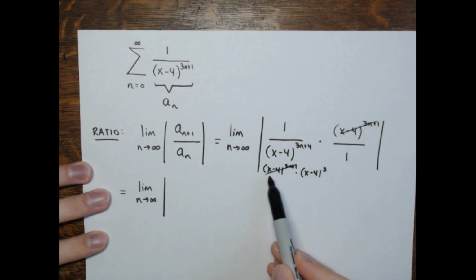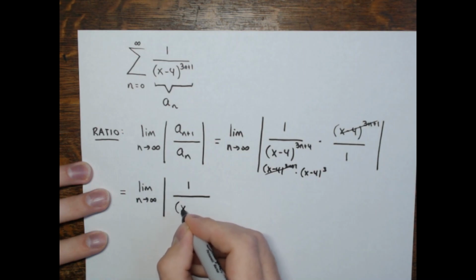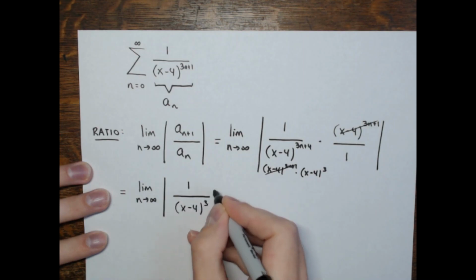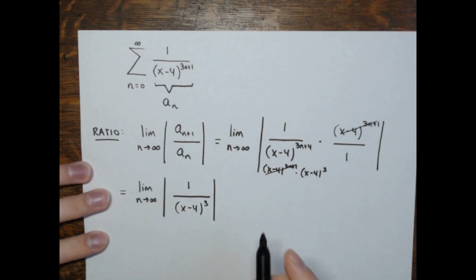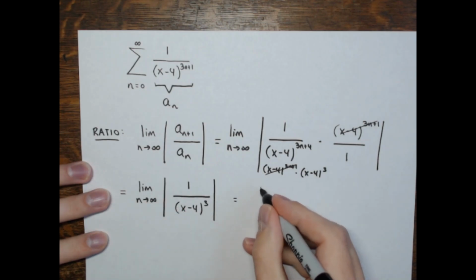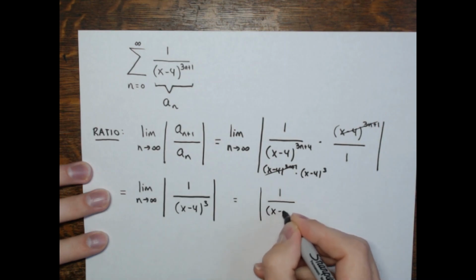So we're getting this canceling with this, and then you're just left with 1 over x minus 4 cubed. And you notice now how there's no more n in this. This is considered constant. And remember, the limit of the constant was just itself. So this is the absolute value of 1 over x minus 4 cubed.